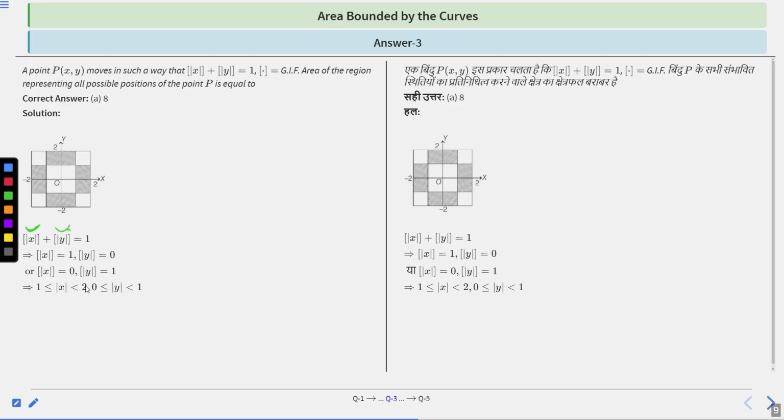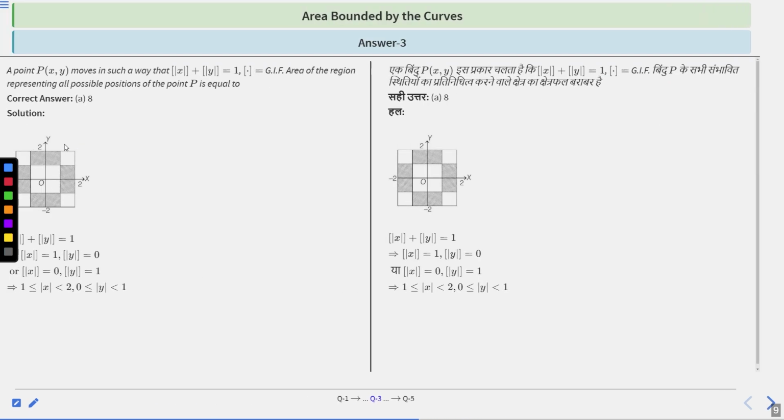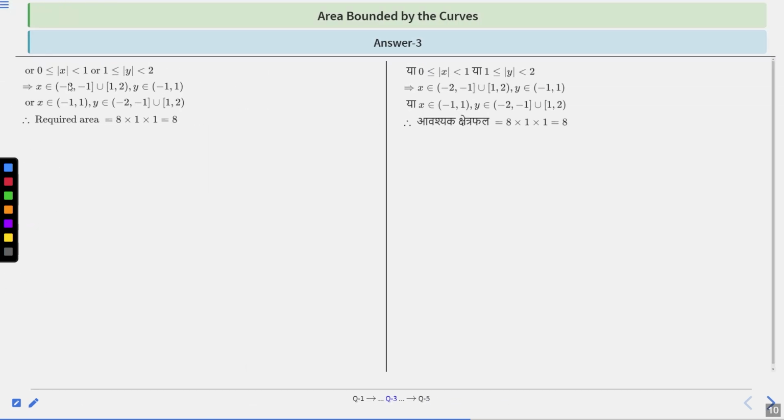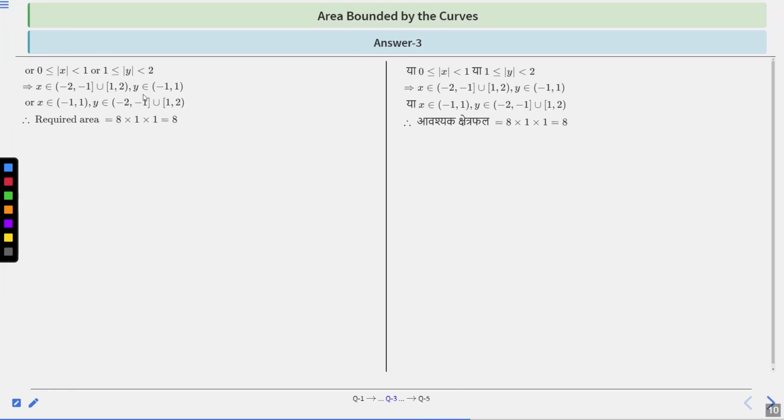So for the first case, when the greatest integer function of |x| is equal to 1, therefore |x| must be between 1 and 2, and the greatest integer function of |y| is 0, therefore |y| is between 0 and 1. Clear? And in the second possibility, when the greatest integer function of |x| is 0, |x| is between 0 and 1, and when the greatest integer function of |y| is 1, |y| is from 1 to 2.